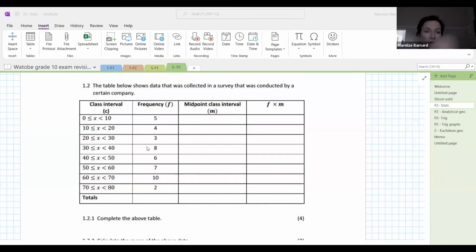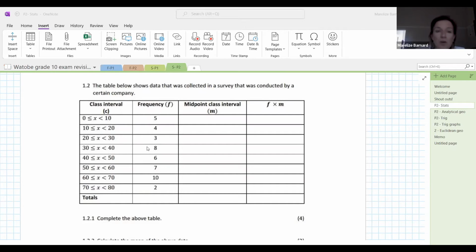They've got the class interval, the frequency, the midpoint, and then the frequency times the midpoint. If you remember, this is how you calculate the estimated mean for grouped data. And as you can see, we've got grouped data because everything's in an interval.